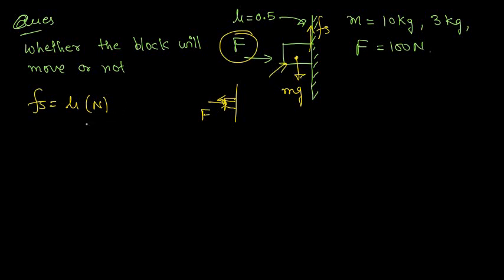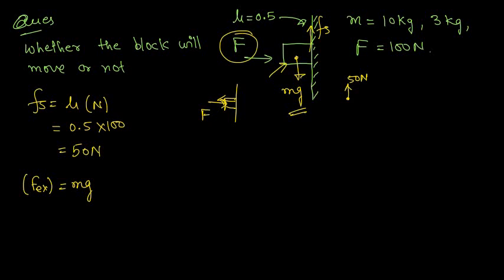So it will be the same as you applied. So mu is 0.5 into 100, that is 50 Newton. So consider this situation, 50 Newton is applied in this direction, and this external force will depend upon mg.